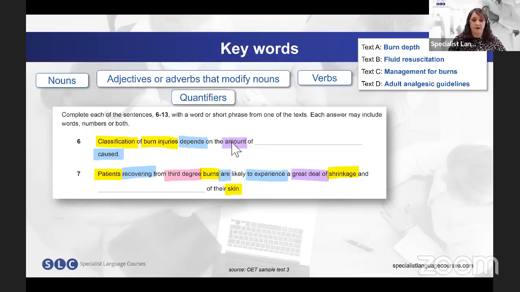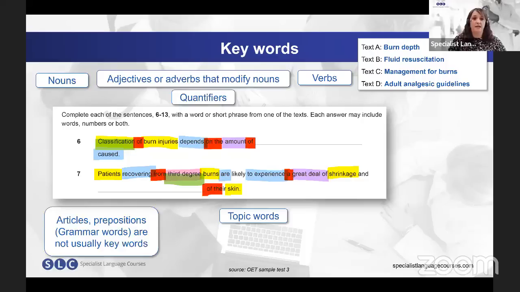And the other type of keyword that you need to be aware of are topic words. So what we've called topic words. Topic words are those words in the question that you can use to help you decide which text you should look in. So here we've got classification and third degree. We can look at these two words and decide which text we're going to read in more detail. Now notice the words that are not usually keywords here.